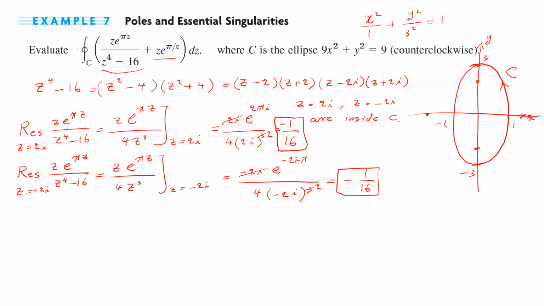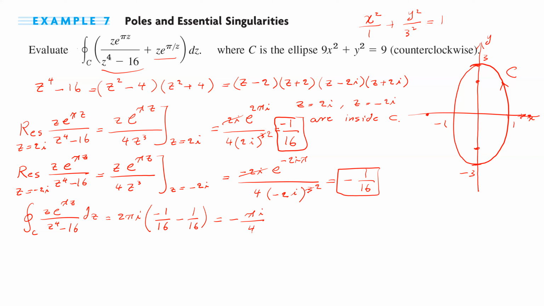So the integral over C of z e to the pi z divided by z to the 4th minus 16 dz becomes 2 pi i times negative 1/16 minus 1/16. So that's negative 1/8 times 2 pi i, which becomes negative pi i over 4, right?